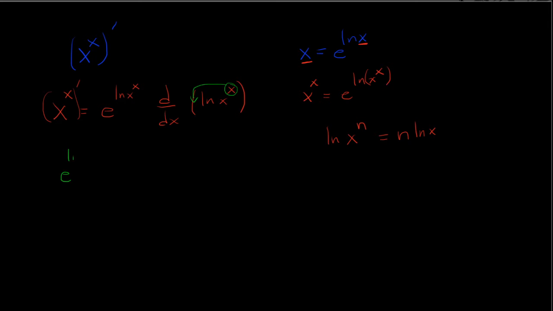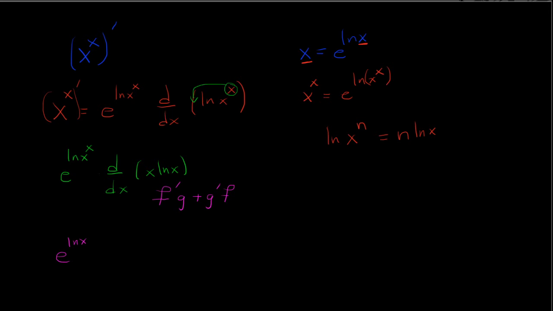So this would just be e to the natural log of x to the x power times the derivative of x times natural log of x. I'm going to use the product rule now for x times ln of x. We know the product rule is f prime g plus g prime f.